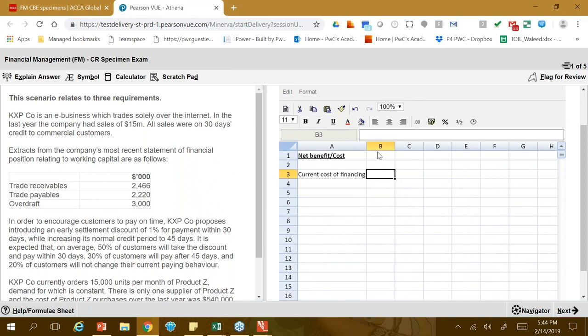How can we find the current cost of financing receivables? Can someone help me here?